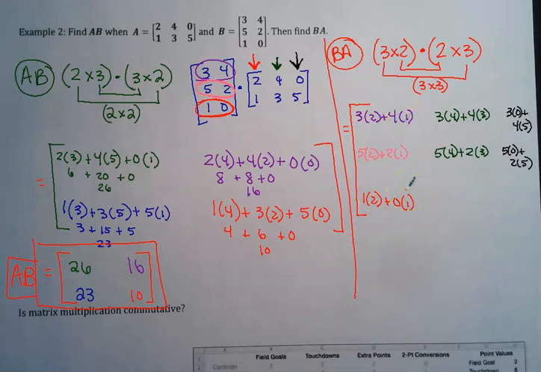Okay, so for our next, we're going to move on over to the second column. 1 times 4 plus 0 times 3. And then on to our third column. 1 times 0 plus 0 times 5.